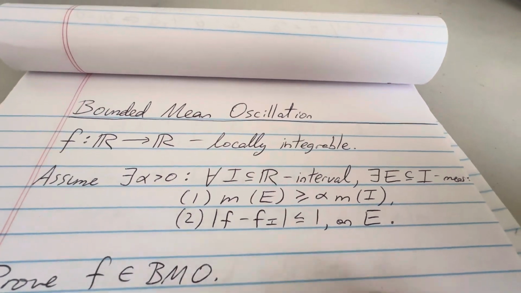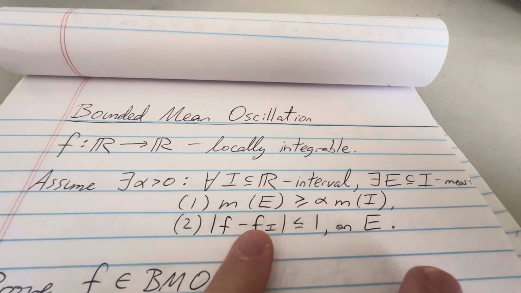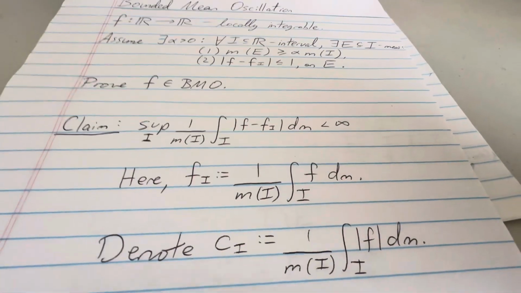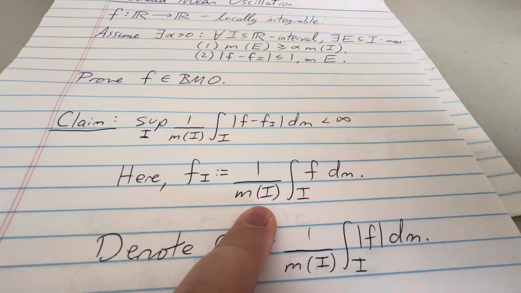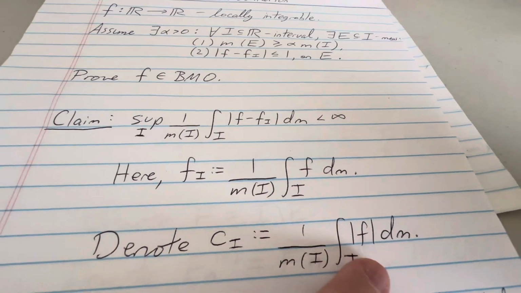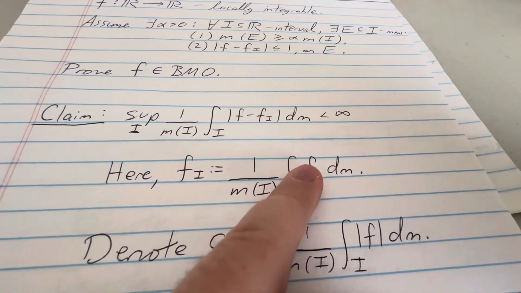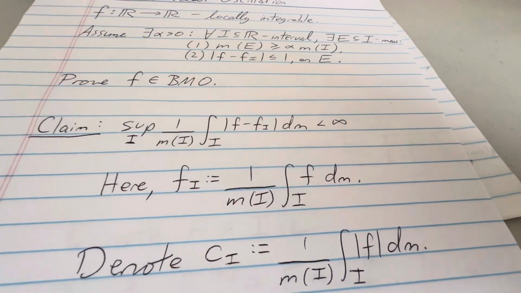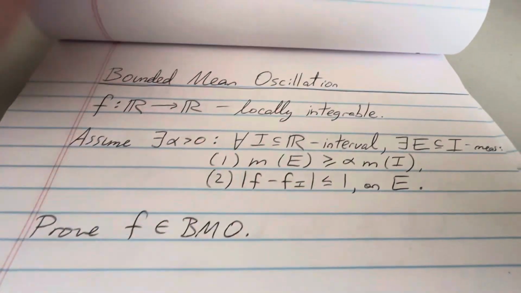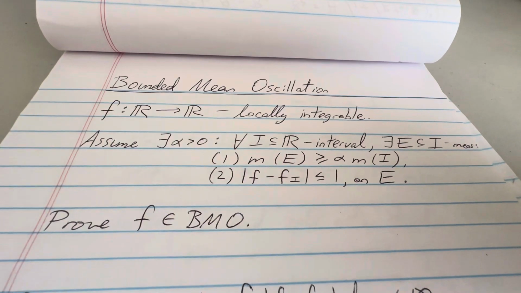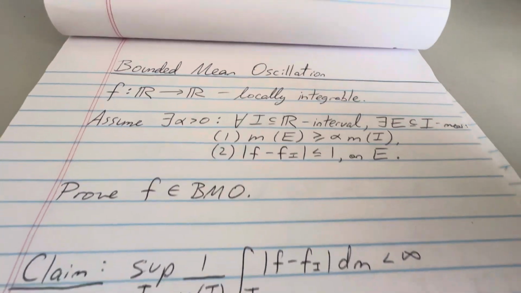So I should have written here what f_I stands for, but it's the average value of f over the interval I. So written mathematically, this is what f_I is here. And I also defined this number c_I to be the same, except I'm putting absolute value around f, in case I needed the notation. So the claim is that f is a BMO function. So I've said BMO like 13 times now. What does BMO stand for?